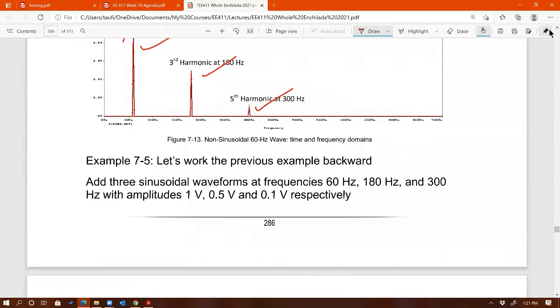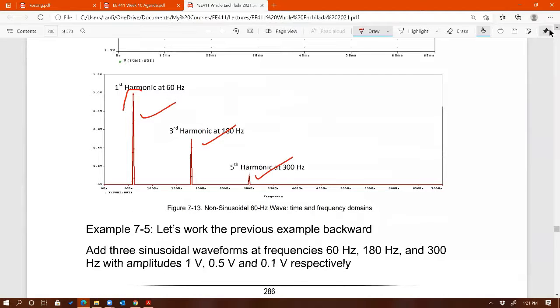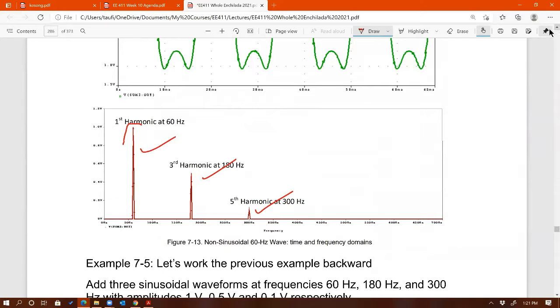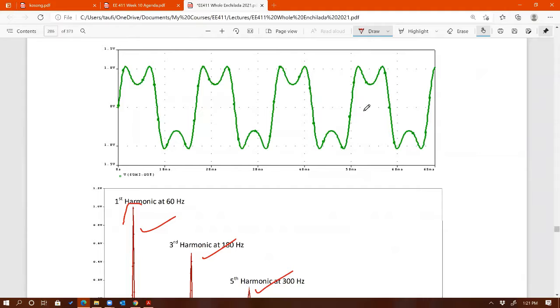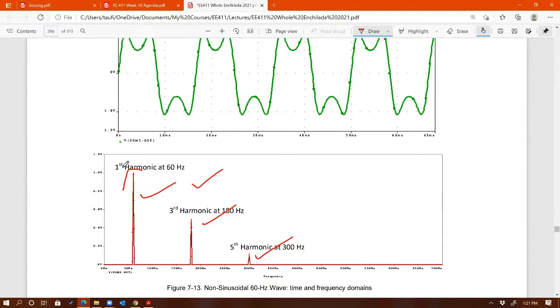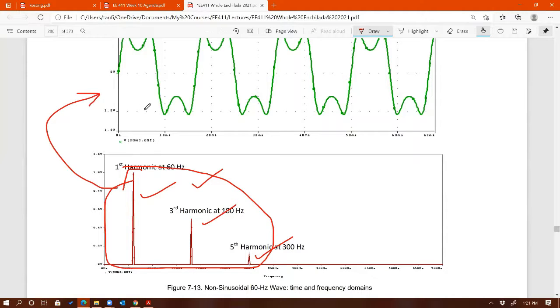The reverse process would also be true. If I could break down a periodic waveform into its frequency content, I could also construct a periodic waveform from a series of sinusoidals at different frequencies. So the reverse process, basically.